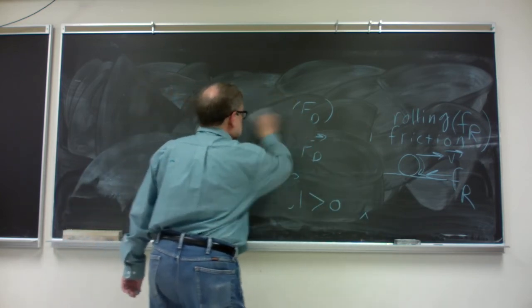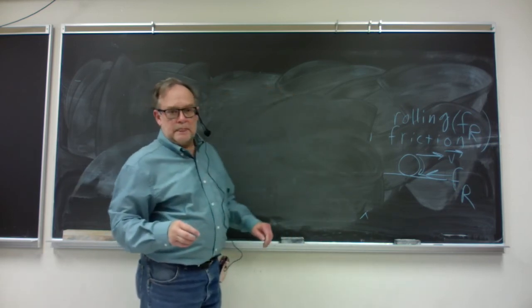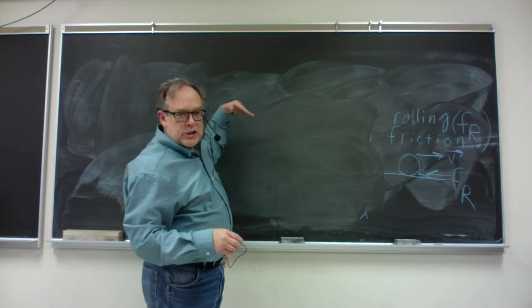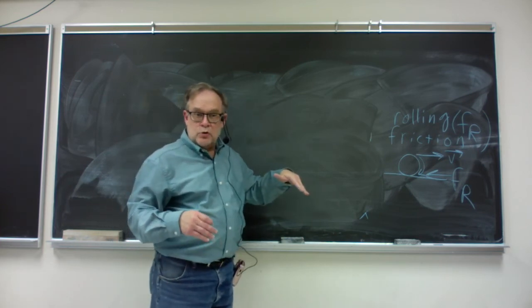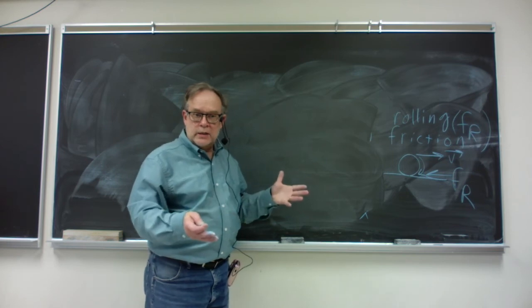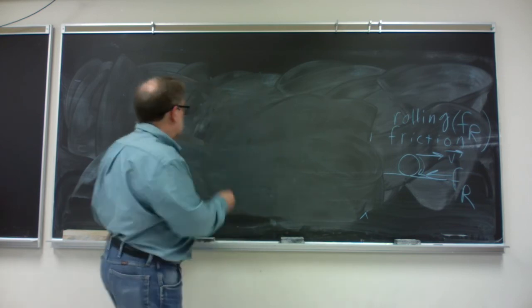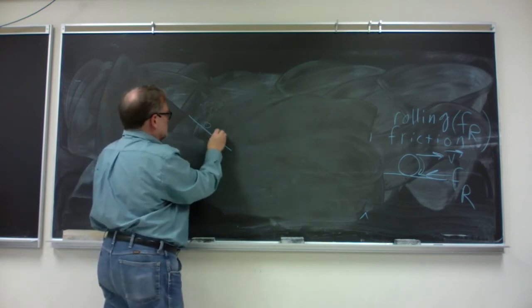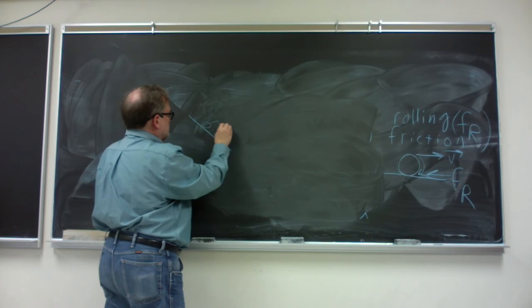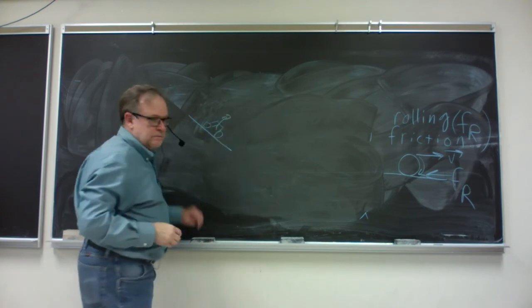Imagine somebody riding a bicycle downhill, and that person is going pretty fast, and in fact, say that person is speeding up. So here's the hill, and then there's the bicycle, and then the person on the bicycle.